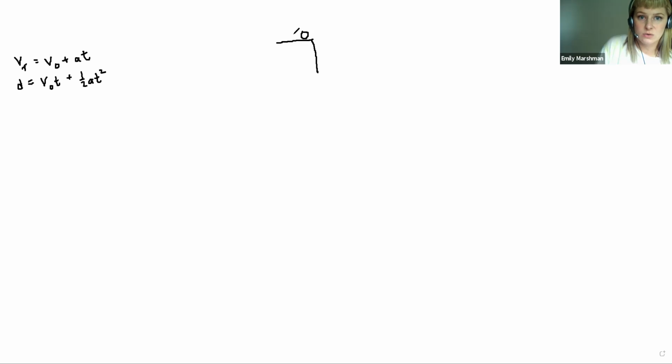A ball that's rolling on a horizontal table and leaves the edge of the table. And then it just kind of gradually moves down like this and hits the ground. This object is now moving in two dimensions. It's moving horizontally in the x direction, and it's also moving vertically downward in the y direction. So we have to think about looking at both of those directions. The nice thing is that we can do it separately.